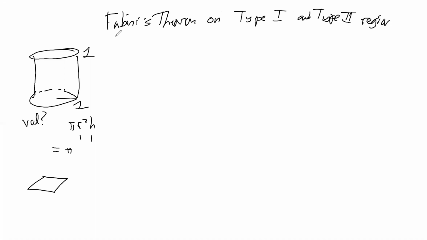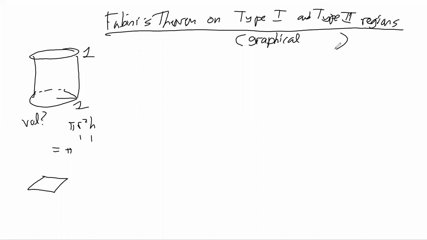And because I can't think of a less imaginative name than type 1 and type 2, I will just call these graphical regions. And you'll see why I say that in just a moment. The regions might look something like this. So a type 1, according to your book, region would look something like that.